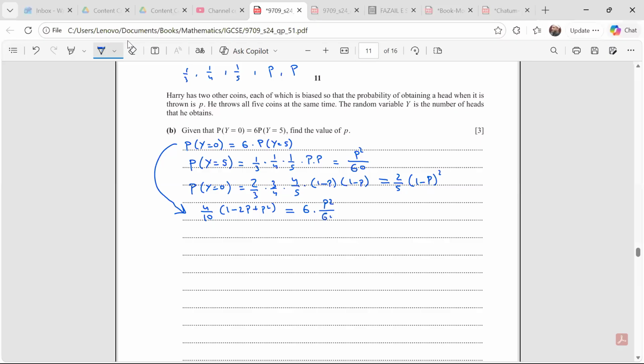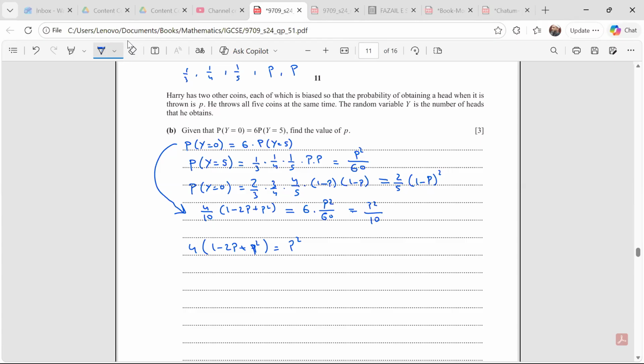Okay, so I can cancel it. This will become p square by 10. Okay, so from this relationship, we can see that 4 times 1 minus 2p plus p square, if I cancel 10 from both sides, is equal to p square. Am I right? Okay, 10 cancels with this 10.